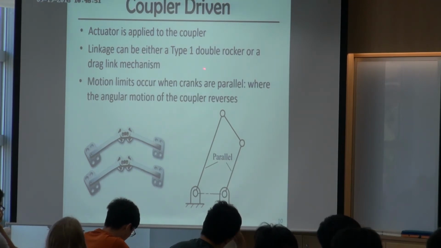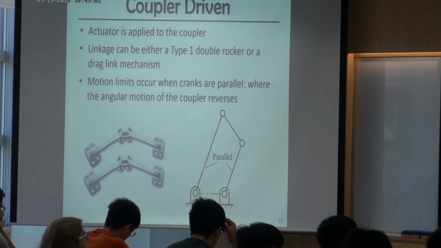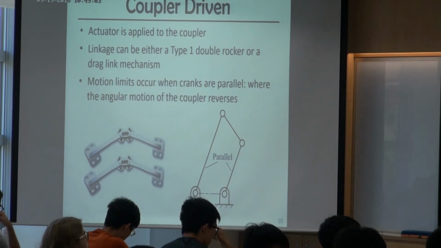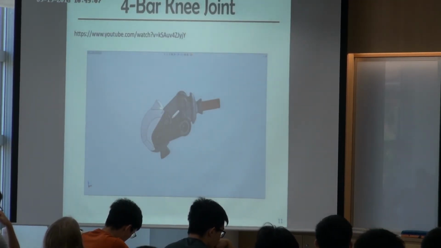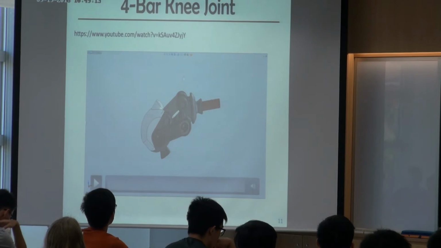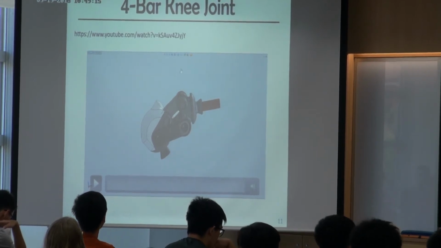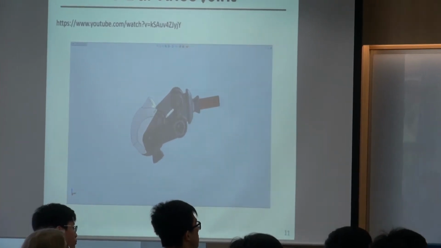Well, this description is actually not always true. It can also be a crank rocker. It just depends on your application. I think it's easier for us to take a look at an example first. One example I think about is the knee joint. We know our knee is not like a pure R joint.